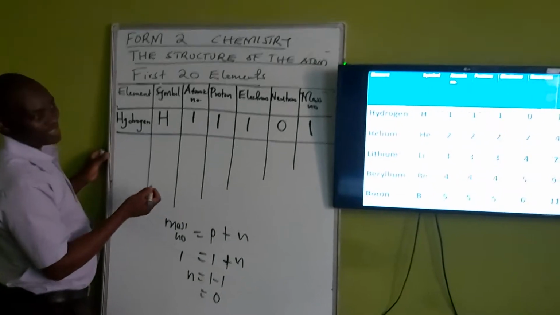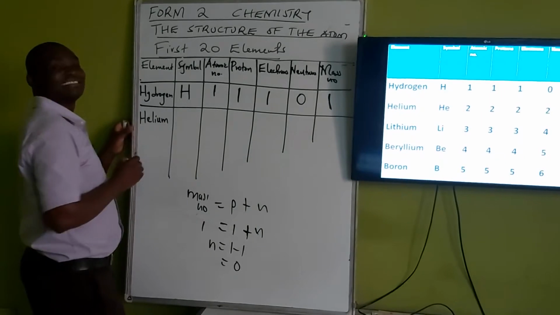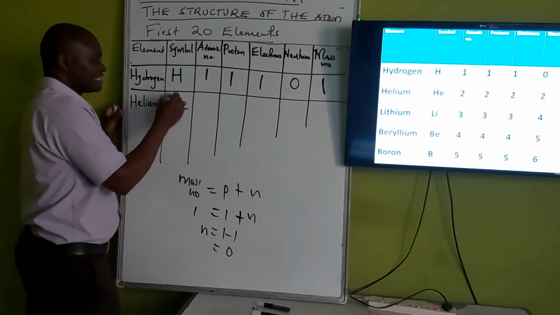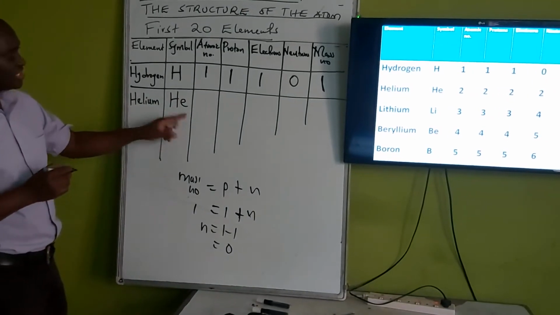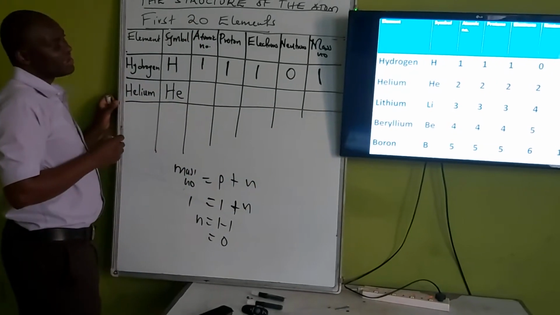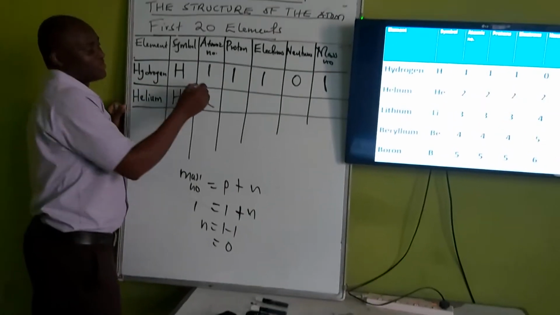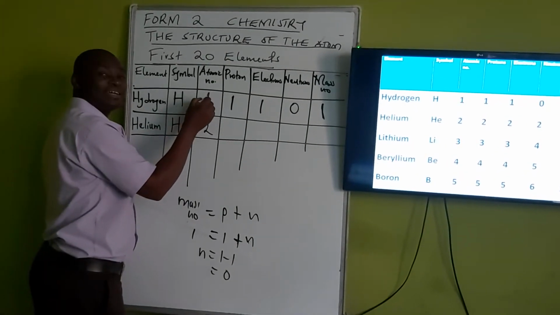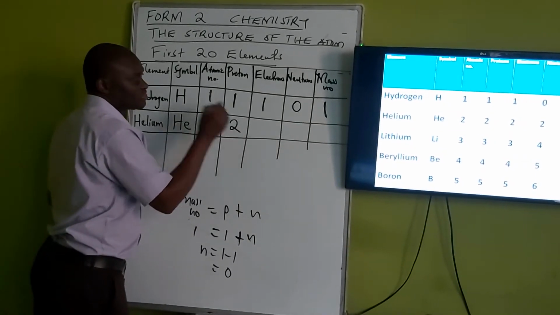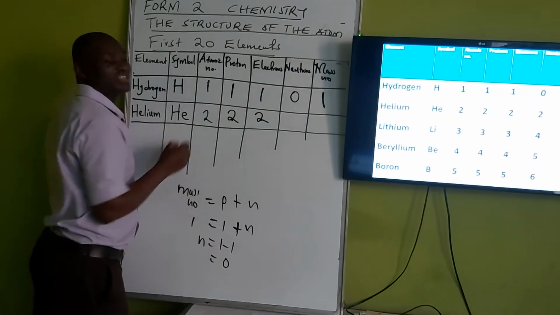Then the second example is helium. Helium has a symbol of He, capital H, small e. Helium is atomic number 2. Atomic number is the number of protons, so 2 means 2 protons. Protons are the same as electrons, so we also have 2.